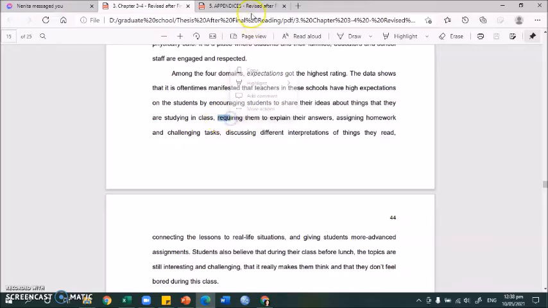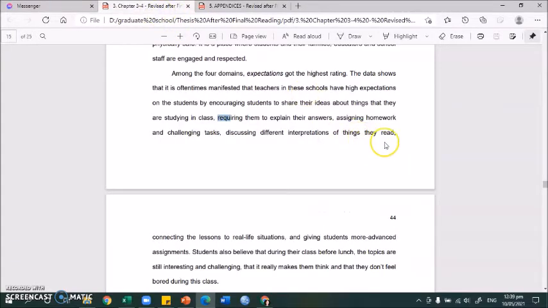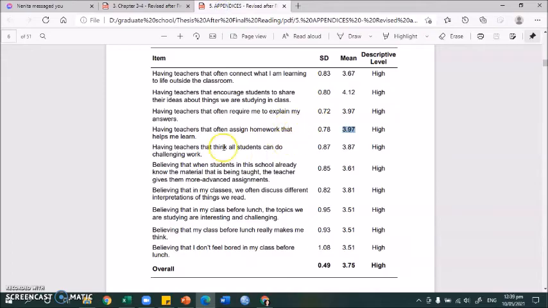Yung number 2 naman, dito na lang tayo sa appendices. Yung number 2, 4.12 yung highest. Yung second niya is, eto, 97. Having teachers that often assign homework that helps me learn. So, paano dinicuss sa chapter 4? Requiring them to explain their answers, assigning homework and challenging tasks, discussing different interpretations of things they read. Ayan.